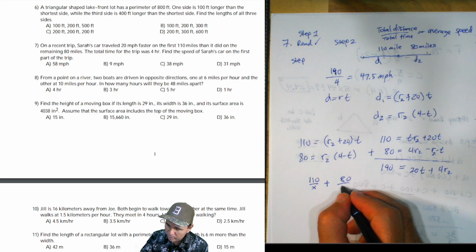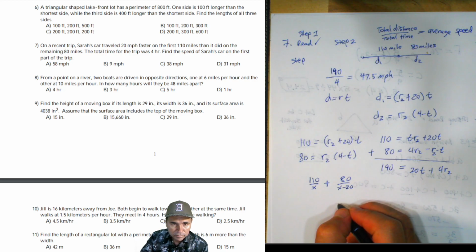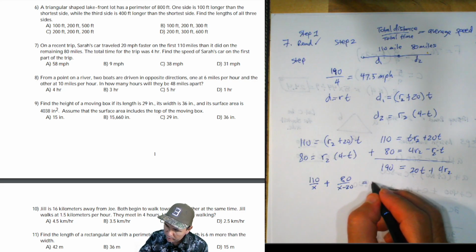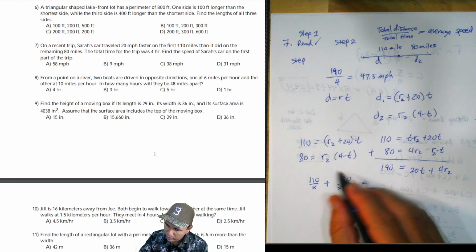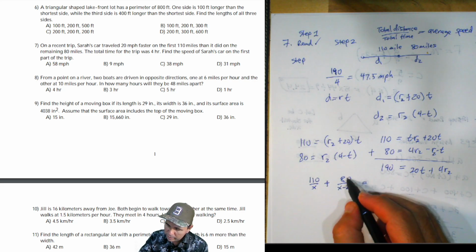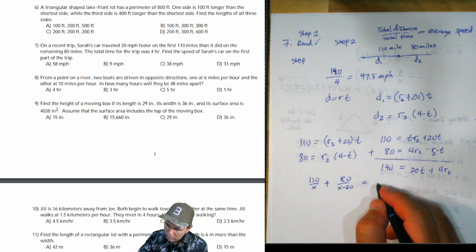So what that would make it, this would make it x minus 20. It's slower. Okay. And this total time would have to be 4 hours, because distance divided by speed is going to be time, and it's going to equal 4 hours.